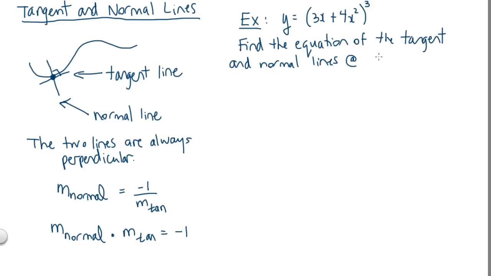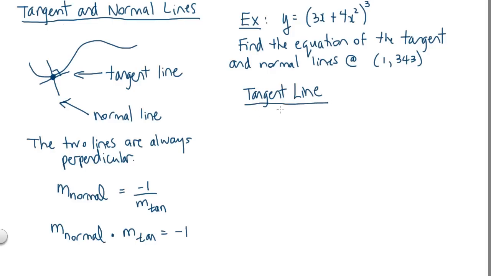And let's do that at the point (1, 343), which lies on this curve. So let's start with the tangent line. We'll just do the tangent line first, and then we can worry about the normal line.